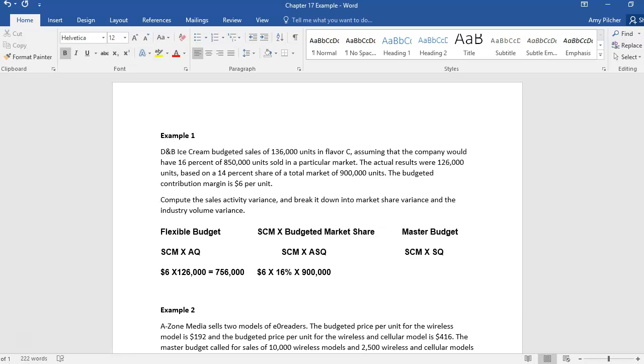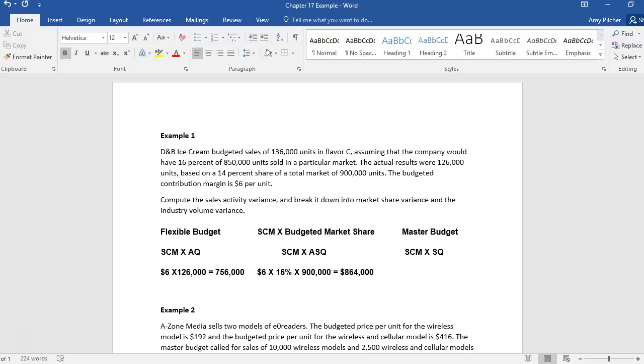Of the total market of 900,000, we budgeted our share being 136,000 units. So we're going to take our $6 times what our normal market share is of 16%, and the market was 900,000 units. So that equals $864,000.